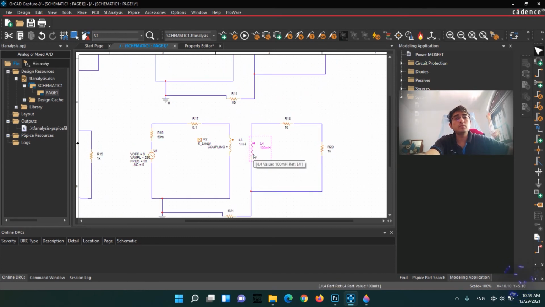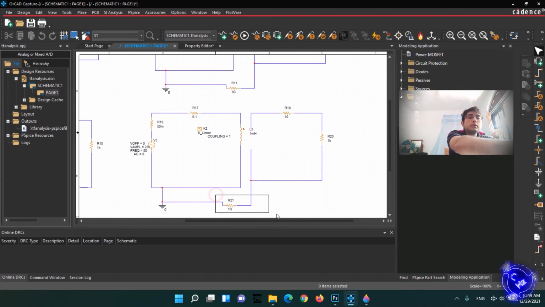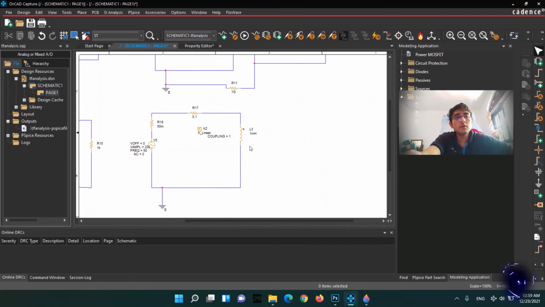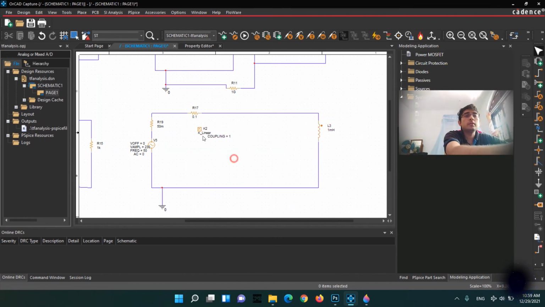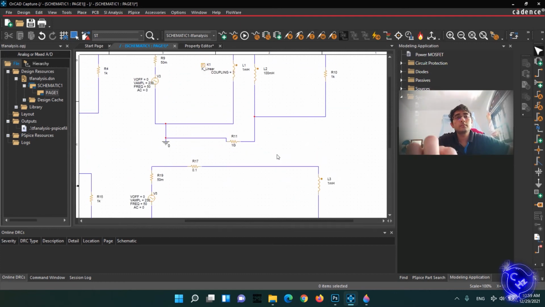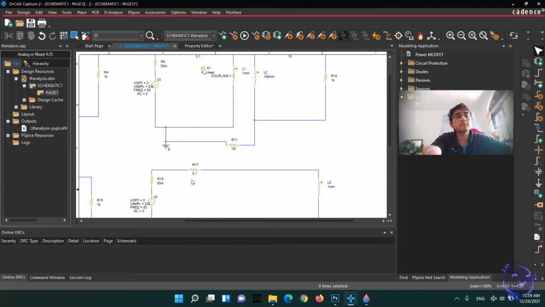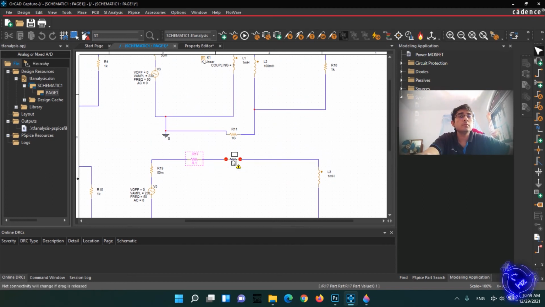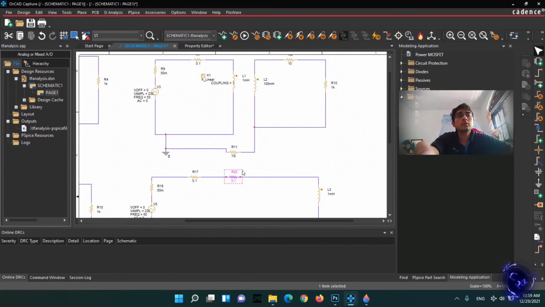So when we want to draw the refer to primary circuit, I just copy this and delete this secondary winding, and I am trying to draw the refer to primary circuit. Refer to primary circuit means I don't have any secondary windings. I have only my primary winding. And also I don't need any couplings because I am referring secondary to primary.